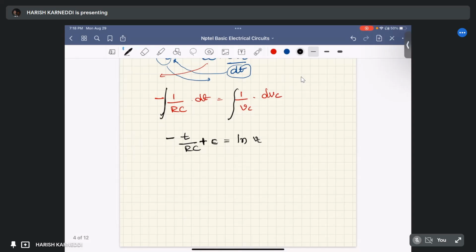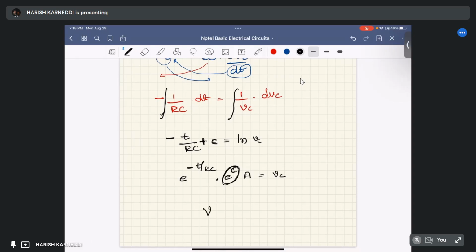You can apply exponential, then it becomes minus t by RC. This is also e power C. This C is a constant and the exponential of e power C can directly be replaced with some constant like A, and this equals VC, right?